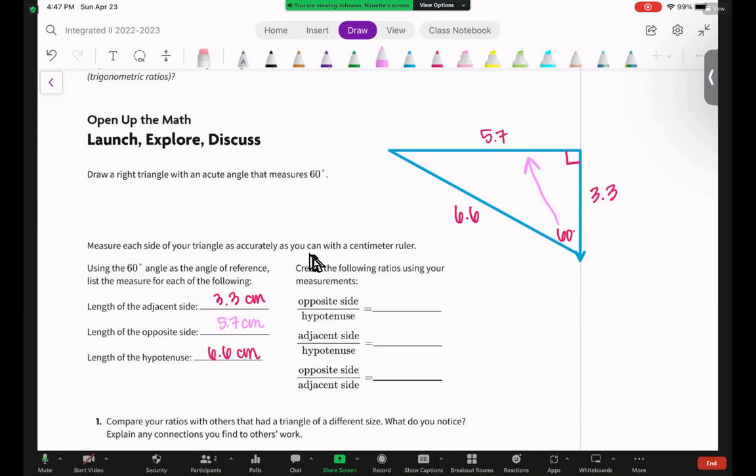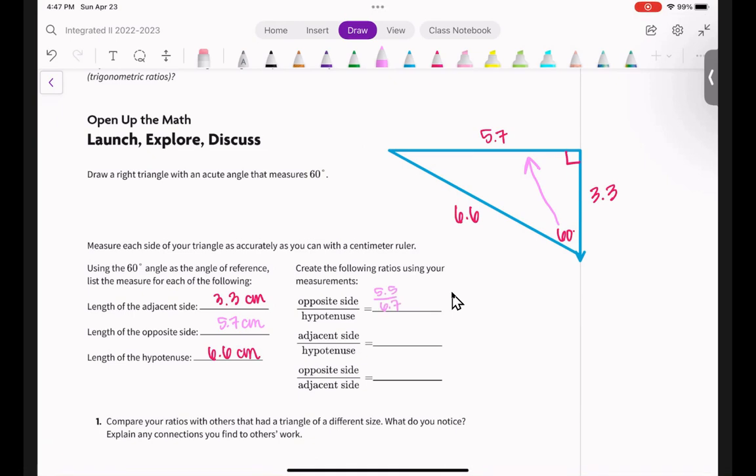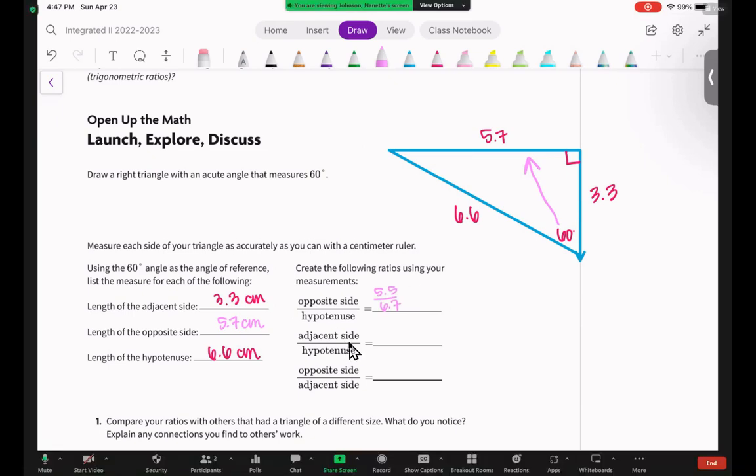Now it says create the following ratios using your measurements. Opposite side over hypotenuse. So pick up your opposite side, pick up your hypotenuse, and you're going to write it here. Adjacent side over hypotenuse. So what would that be? 3.3 over 6.6.